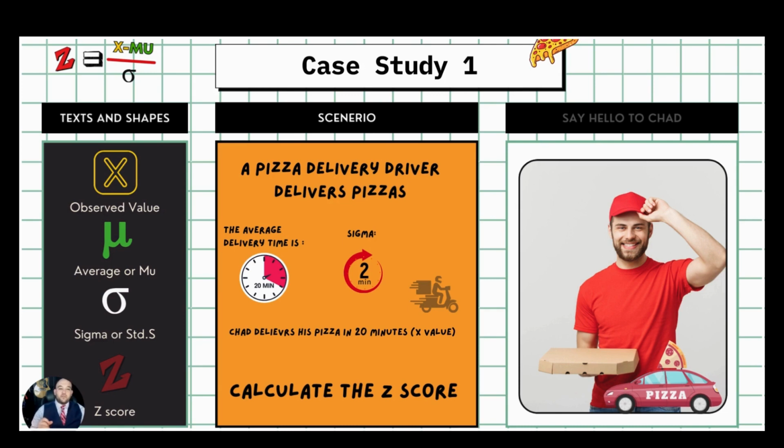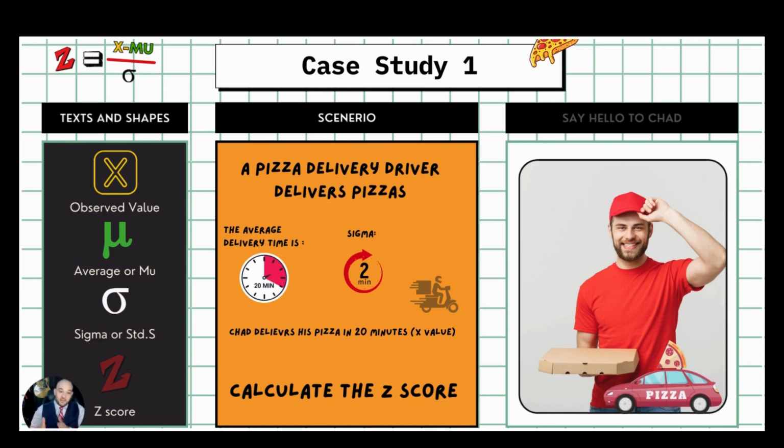In this scenario, say hello to Chad over there on the right. Chad delivers pizzas for us. Not the sharpest tool in the shed, but he gets the job done. Here's the scenario: a pizza delivery driver delivers pizzas. Yeah, I think that's pretty obvious, Zach. The average delivery time in that shop is 20 minutes to deliver a pizza, with a standard deviation, or sigma value, of 2 minutes.